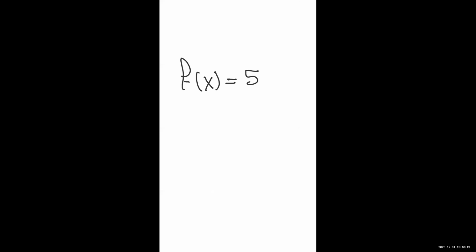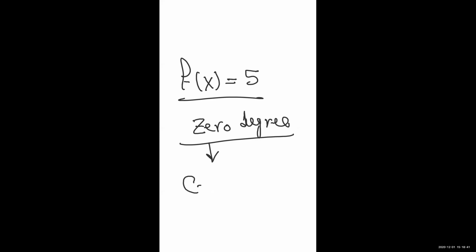If it's like this, f of x equals 5, this one has no degree. So we can write down this one at the 0 degree. Zero degree, we say that this one is a constant function.